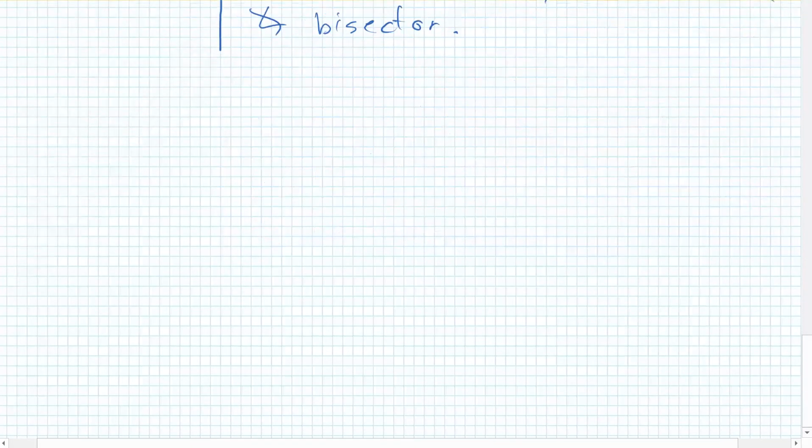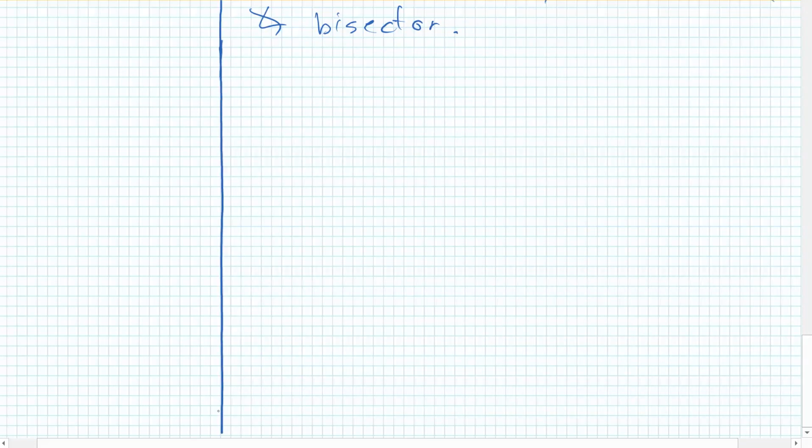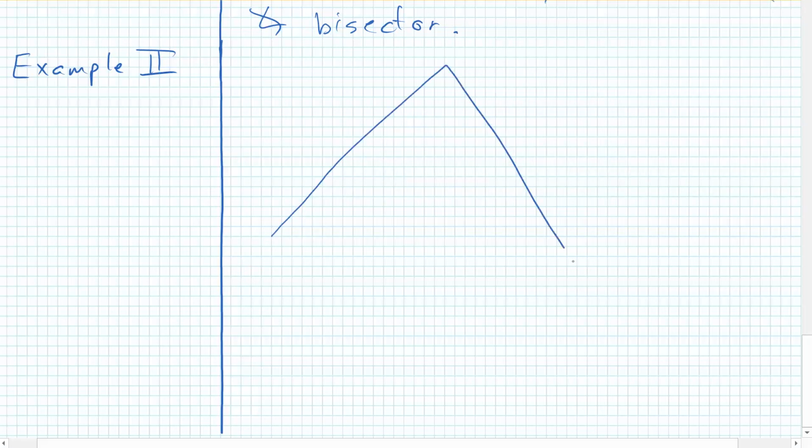All right, last example. Example Roman numeral 2. This one, we're going to be using the angle bisector theorem. And we're going to look at another diagram as promised. Trust me, these lines are straight.